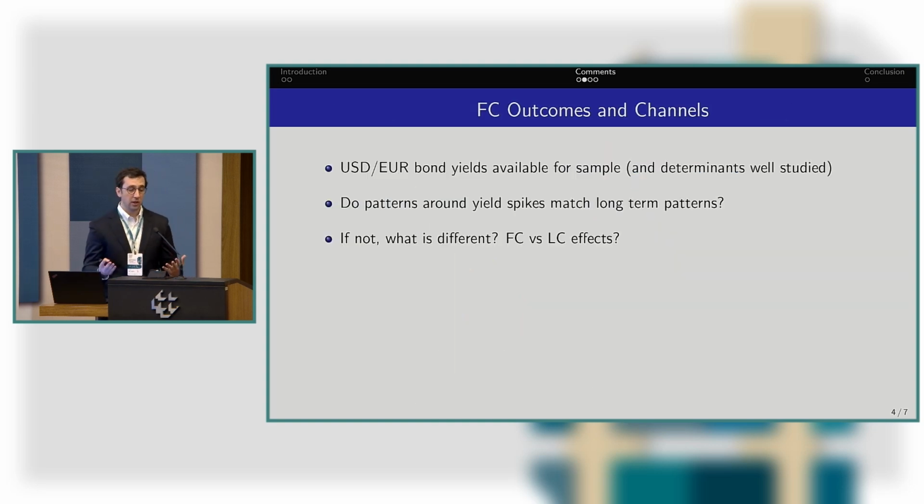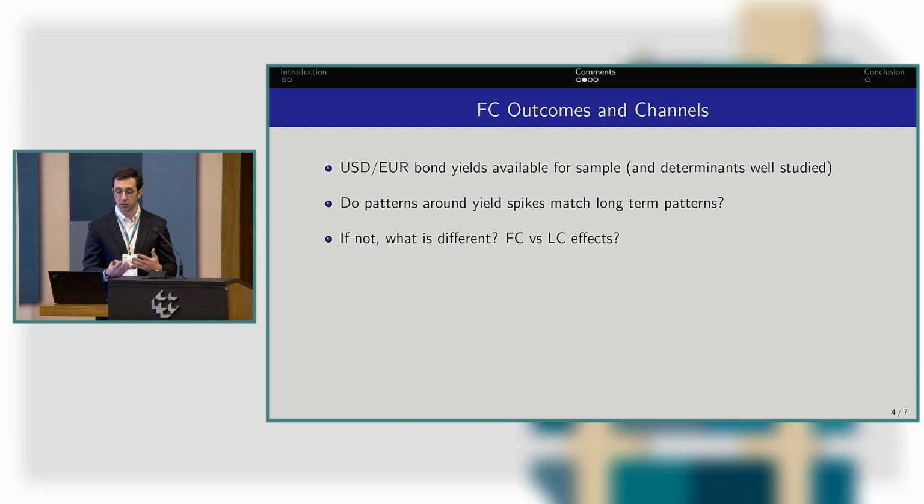So that was in the 80s, though, when the data that they're using is not as widely available. Thing is, 2004 to 2024, you have US dollar or euro bond yields available for, I think, almost every country in the sample. And those determinants are well studied.